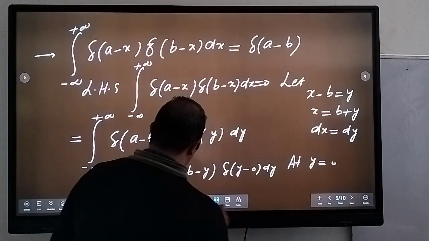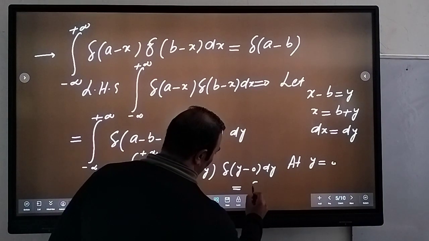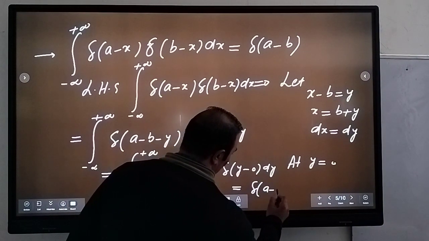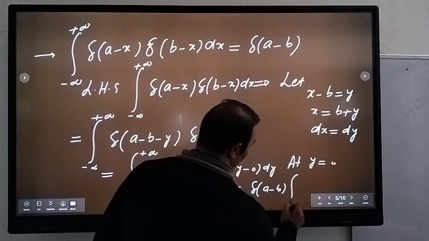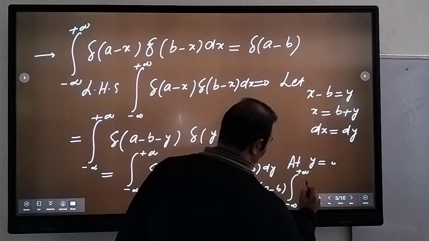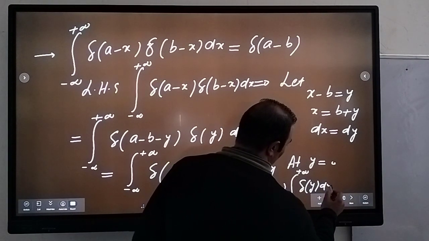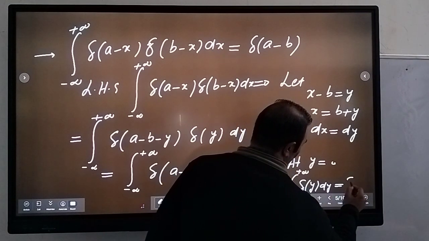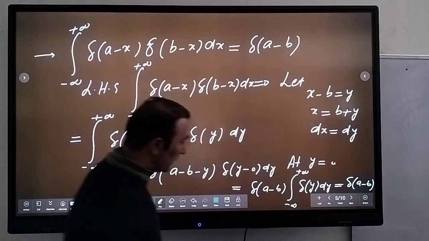So इसका जो value आएगा, so it will be that delta of a minus b, because y equal to 0, and inside will be that minus infinity to plus infinity delta of y dy. So that's equal to delta of a minus b, right?